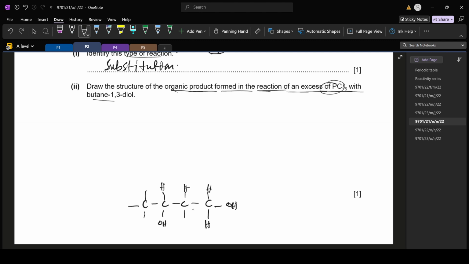So this is butane-1,3-diol. When it reacts with excess PCl5, both OH groups will be replaced by Cl. So the organic product will be 1,3-dichlorobutane.